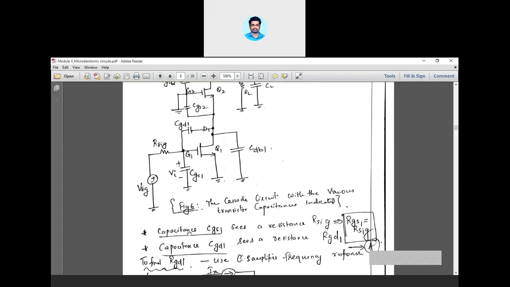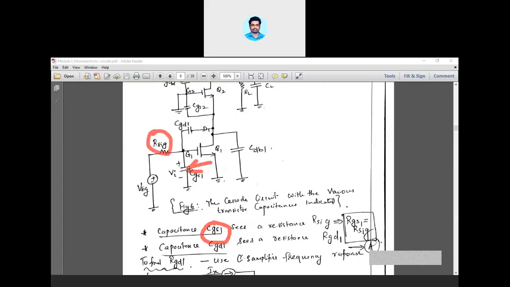So first of all we'll be considering the first capacitance, that is CGS1. You know what is CGS1? CGS1 is a capacitance that is available between the gate and source. Since source is at ground, you can connect the CGS1 to the ground. Now looking into this capacitance, the only resistance that is observed here is Rsig, isn't it?